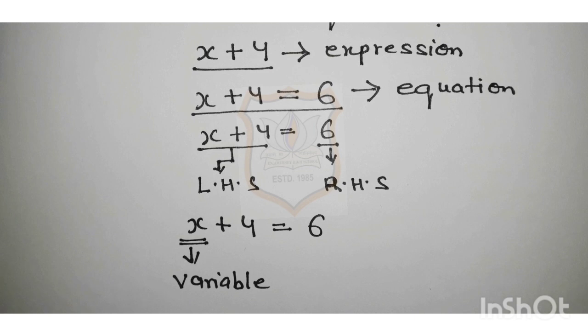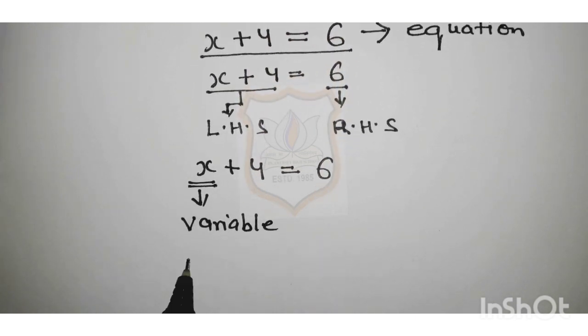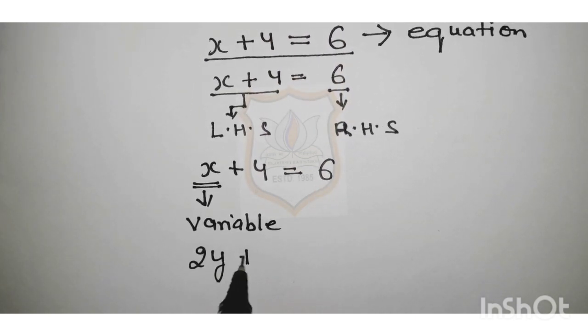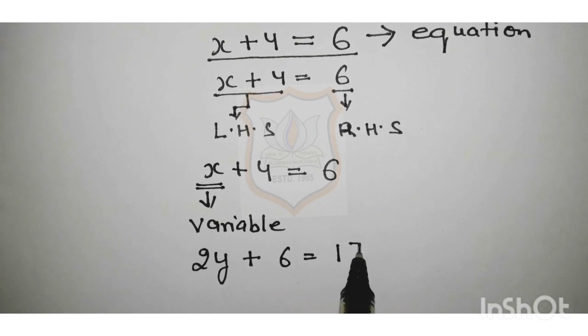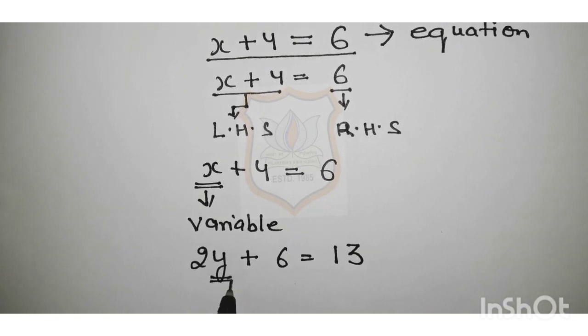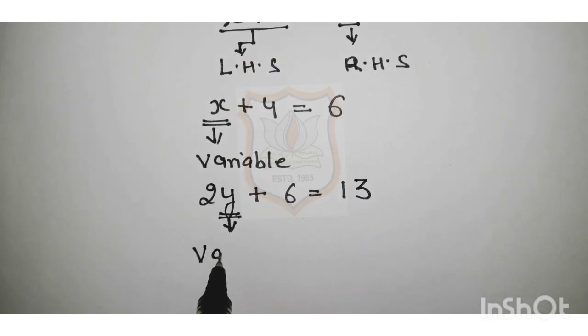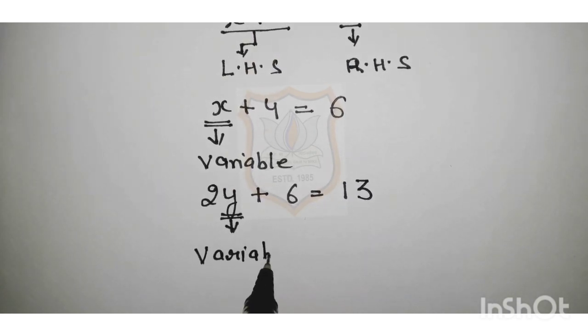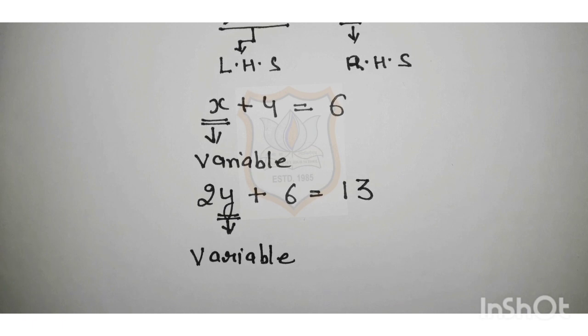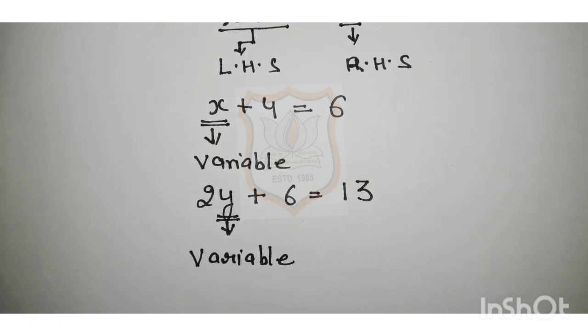I will give you one more example. If the equation 2y plus 6 is equal to 13 is there, this alphabet is known as variable. So students, you must have understood what is an equation.